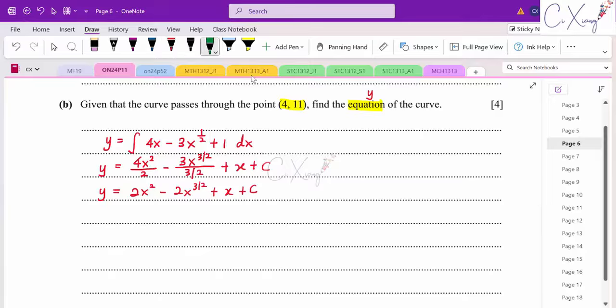Okay, so to get the value of the c, I need to substitute the point 4 and 11 into the equation. So y equals to 11, x is a 4. Okay, so please try to simplify the term here.